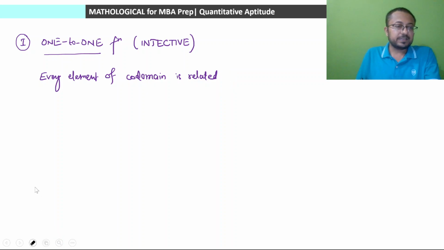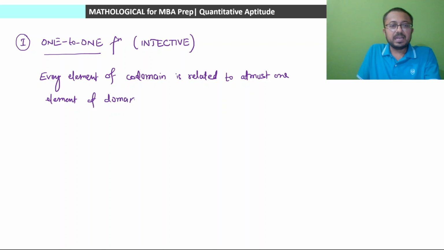Related to at most यानी maximum one element of domain, at most one element of domain. Every element of codomain is related to at most one element of domain. ठीक है, क्योंकि कोडोमेन में कुछ एलिमेंट्स ऐसे भी हो सकते हैं विच आर नॉट रिलेटेड टू एनी एलिमेंट ऑफ डोमेन. ठीक है, हाँ, एवरी एलिमेंट ऑफ रेंज इज रिलेटेड टू एग्जैक्टली वन एलिमेंट ऑफ डोमेन. ठीक है, सो इफ एवरी एलिमेंट ऑफ कोडोमेन इज रिलेटेड टू एट मोस्ट वन एलिमेंट ऑफ डोमेन, सच अ फंक्शन इज कॉल्ड वन टू वन फंक्शन.